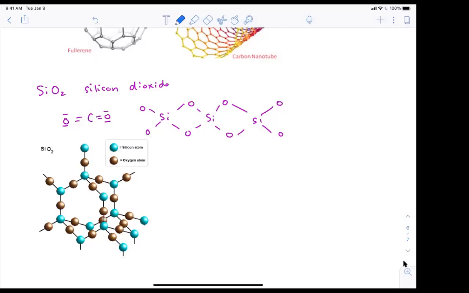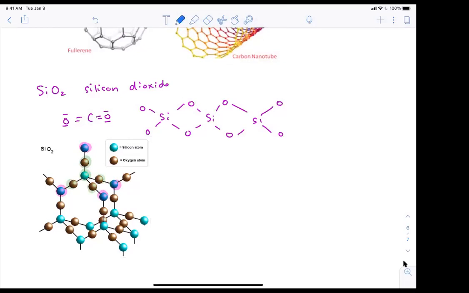If you look at, for example, this oxygen, this oxygen, this oxygen, yes, they are all bonded to silicon, but they're also bonded to an additional silicon in each direction. So really, each oxygen is doing double duty.